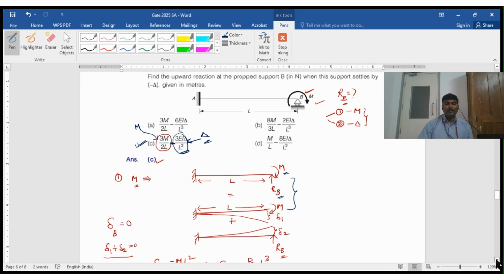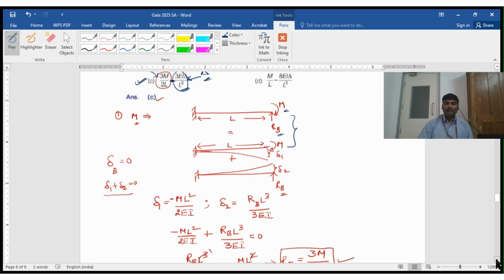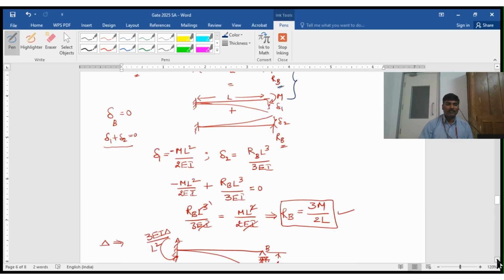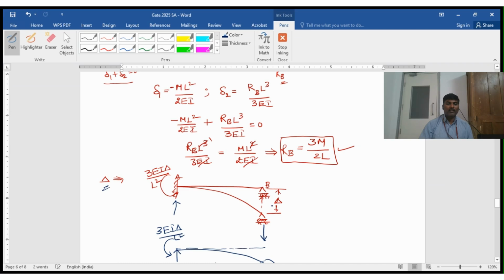Further, a case of settlement is taken where one end is hinge and the other end is fixed. You might have also learned that for the fixed beam, from your knowledge of structural analysis, if this settles down by an amount of delta, this is going to be the nature of bending, and the moments developed here will be anti-clockwise 6EI delta by L square, same 6EI delta by L square.